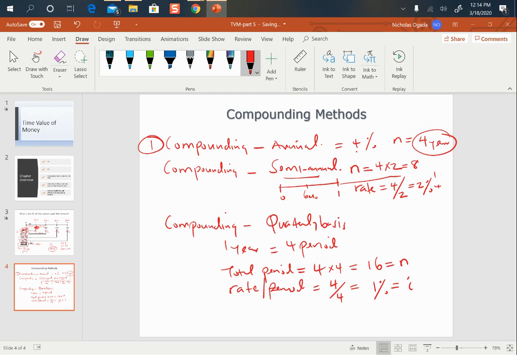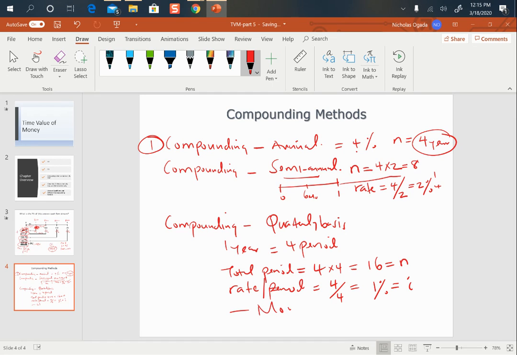So keep in mind that your N and your I will change if the compounding is not on a yearly basis. If it's done on a semi-annual basis, you adjust your N and you also adjust the rate. If it's done on a quarterly basis, you do this. If it's done on a monthly basis, you again do the same thing.